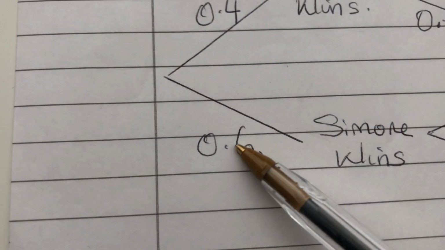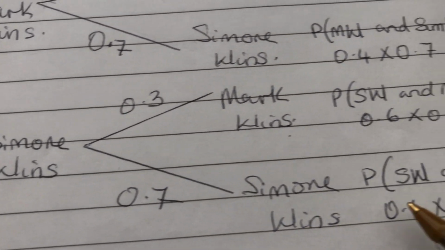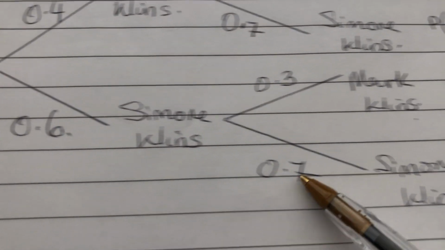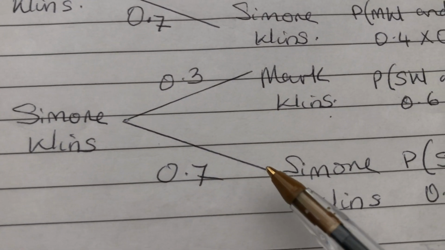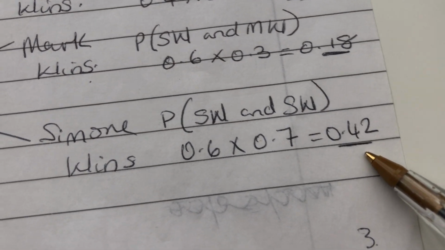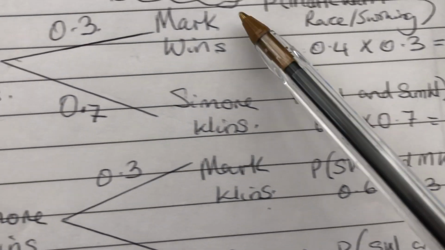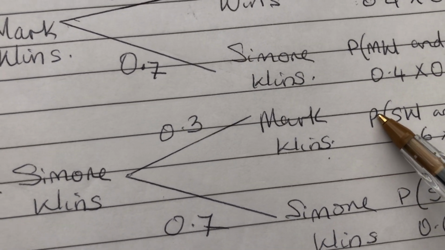For Simon to win the race, and then Simon again to win swimming, it is 0.6 times 0.7, which is 0.42. So I have represented all this on the diagram.